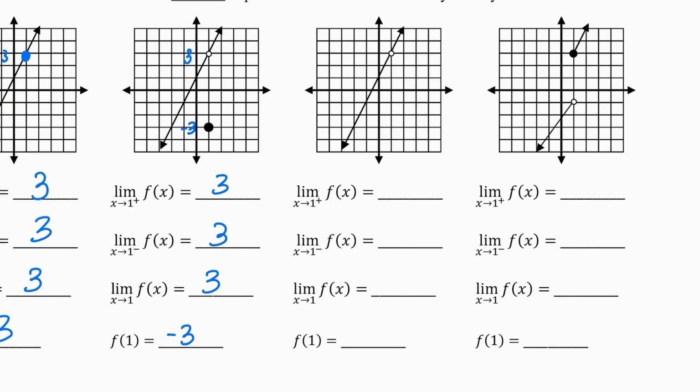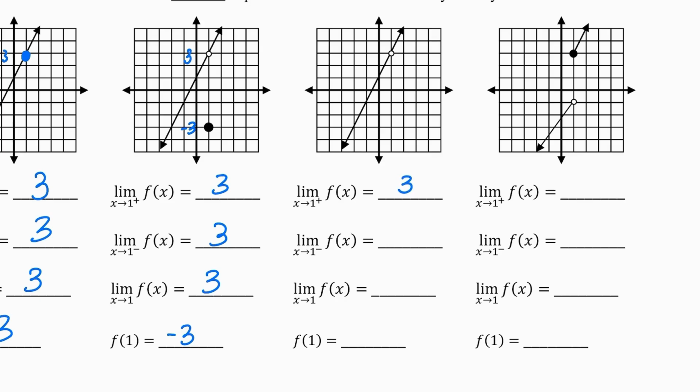All right. So in these scenarios here, just very similar to the last one, we have a line with a hole in it, but there is no point in which f of x is defined when x is 1. So we still kind of get the same answers. If I'm approaching 1 from the left, I'm still going to get closer and closer to this y value of 3.